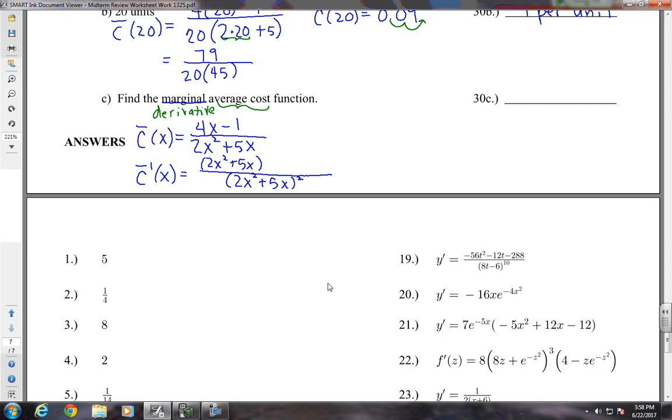So here we have the denominator times the derivative of the numerator minus the derivative of the denominator, which is 4x plus 5, times the original numerator, 4x minus 1. Okay, so all we lack is to simplify this expression. We're going to do that by first distributing the 4 in the numerator here. We would end up with 8x squared plus 20x.